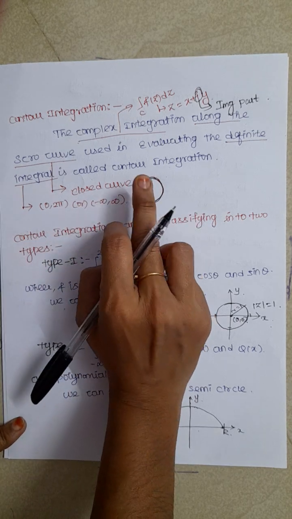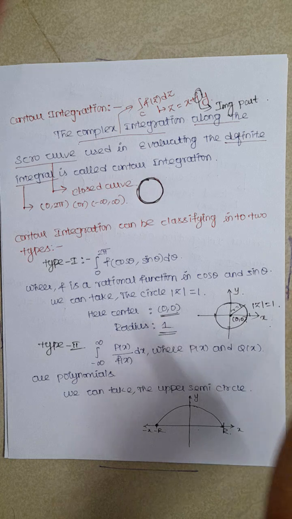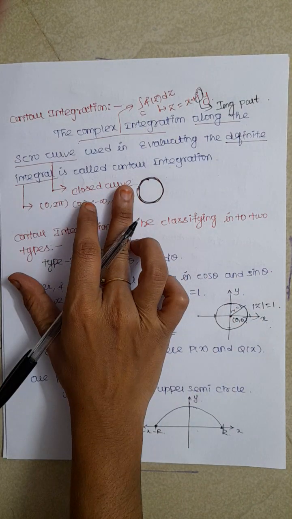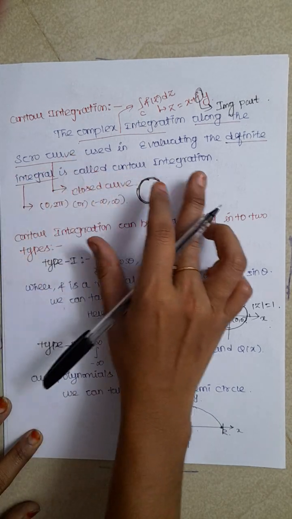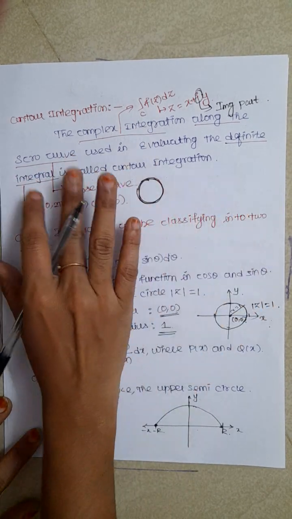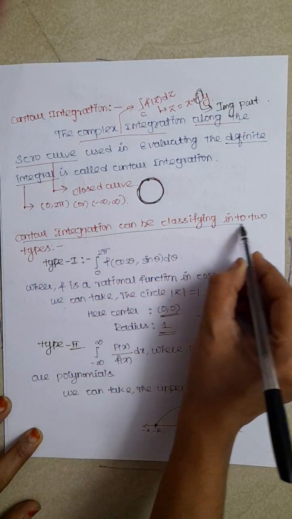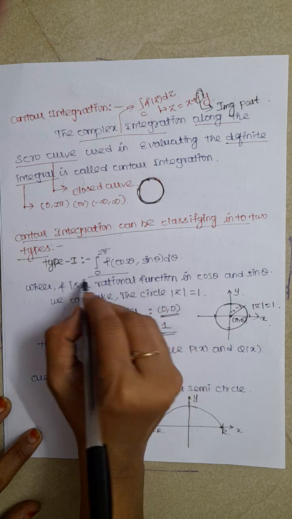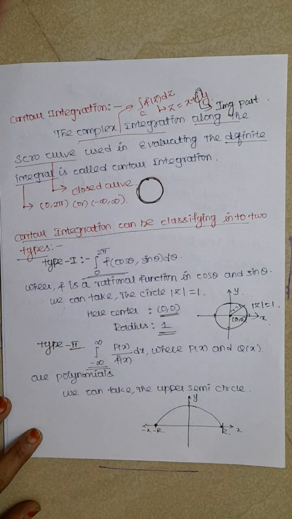It satisfies three conditions: the given integral is a complex integration, second, a completely closed curve, third, a definite integral. Thus contour integration is classified into two types: 0 to 2 pi, and minus infinity to plus infinity.